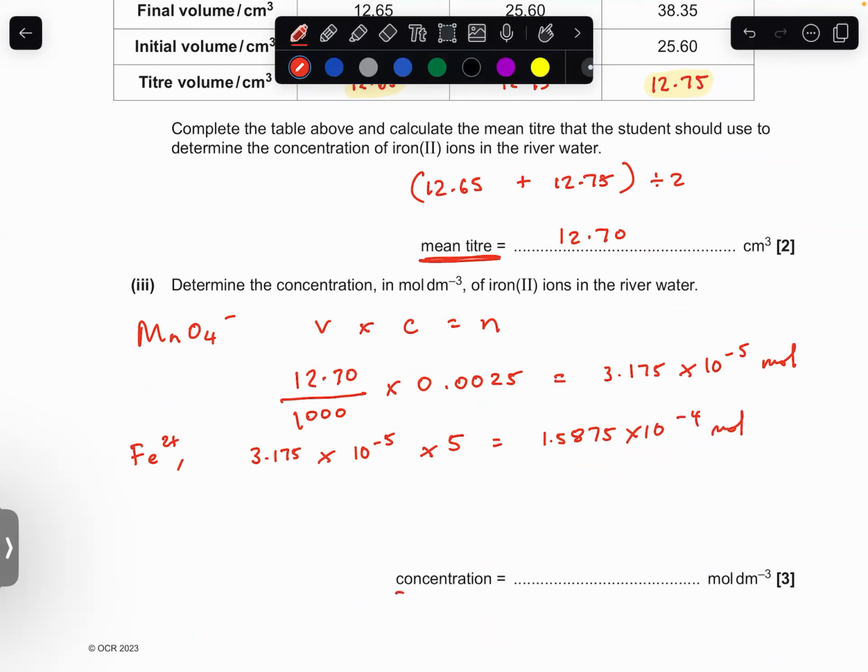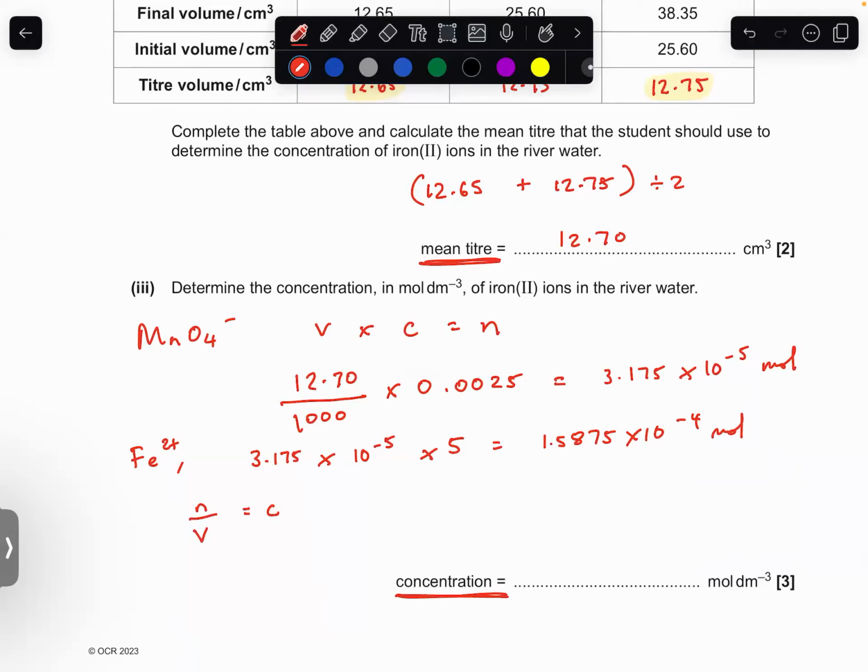The last part of the question is asking us to work out the concentration. We know that n over V is equal to C. n in this case, we've just worked out, 1.5875 times 10 to the minus 4 moles, divided by the volume.